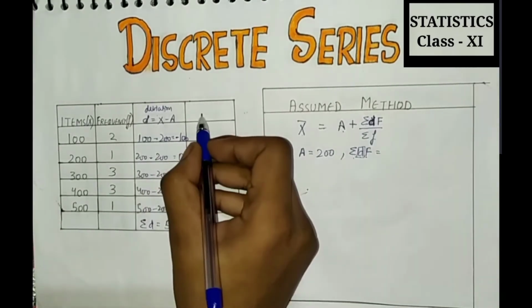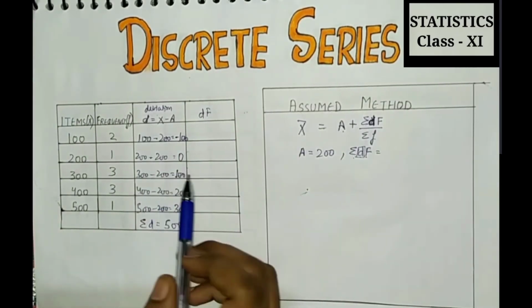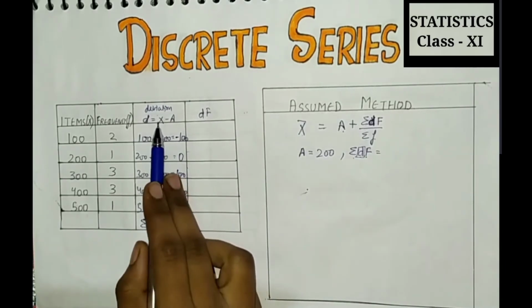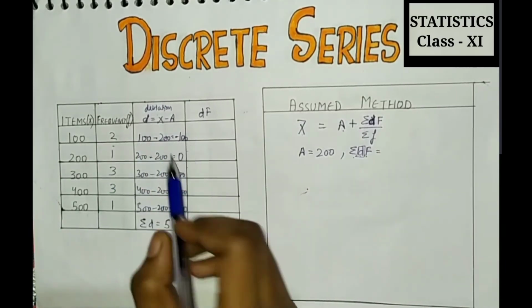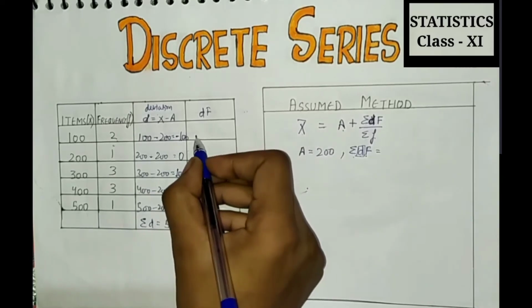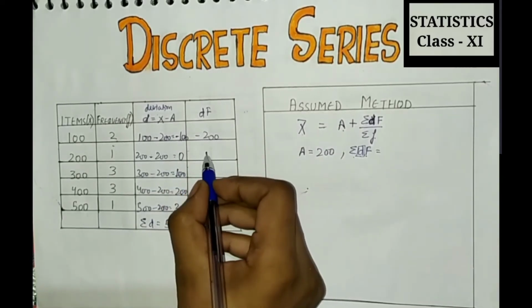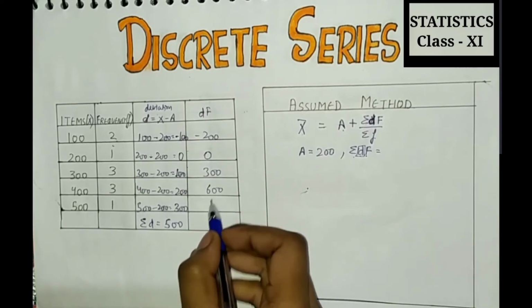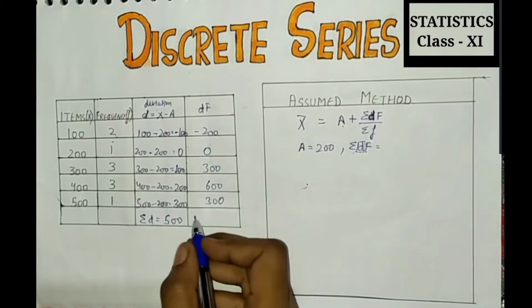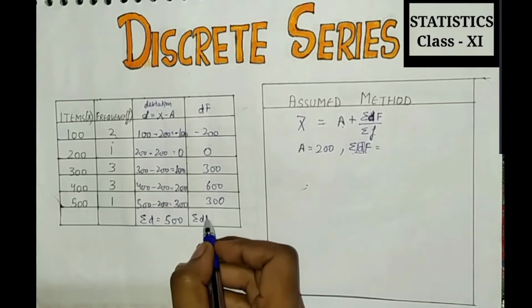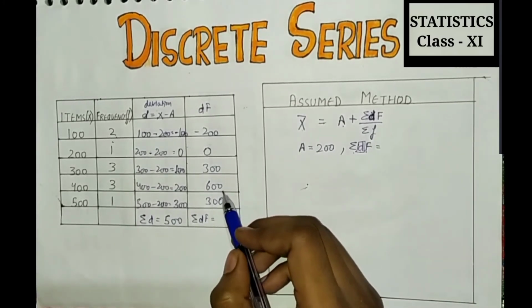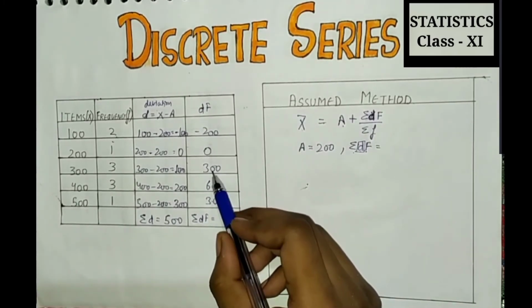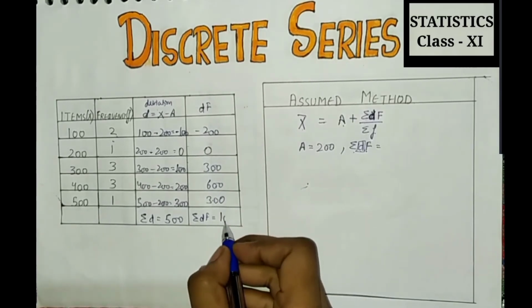Now we have to calculate df. So we have to multiply deviation with its frequency. So this is minus 100 multiplied by 2, minus 200. This is 0. This is 300. This is 600. This is 300. So our sigma df is equal to 600, 900, 1200 minus 200, which is 1000.